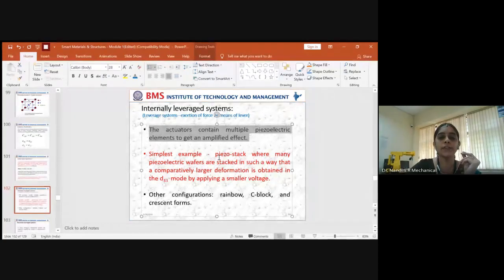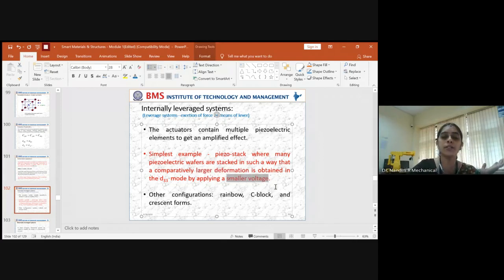So you should try to get a piezoelectric stack with n number of layers, which can also be called piezoelectric wafers. These are stacked together so that you get the large deformation required for the applied small amount of voltage. It should not happen that you apply a large amount of voltage to get only a small amount of displacement.